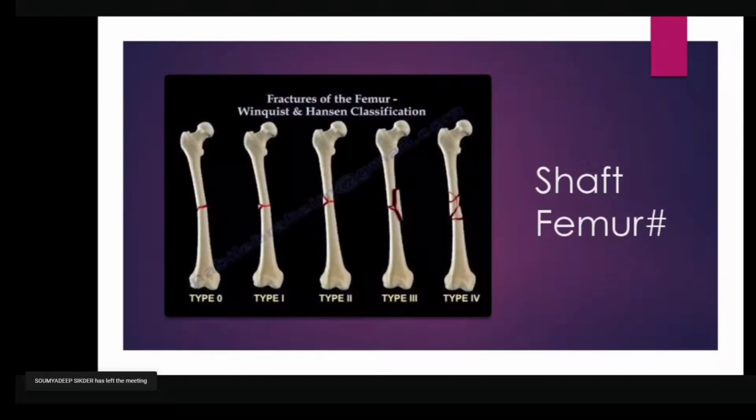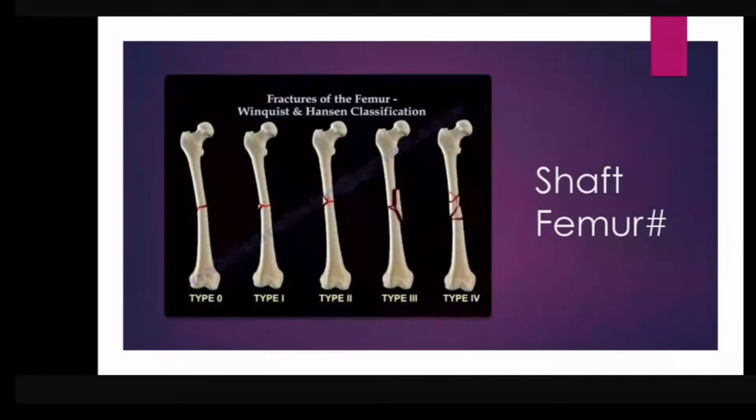That is roughly one third of the whole blood volume of a human being. Suppose a person of normal hemodynamic stability has 5 liters as the total volume, and a shaft femur fracture bleeds approximately 1.5 liters of blood. So this patient will be hemodynamically unstable.